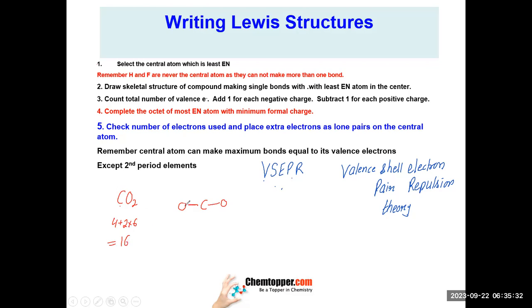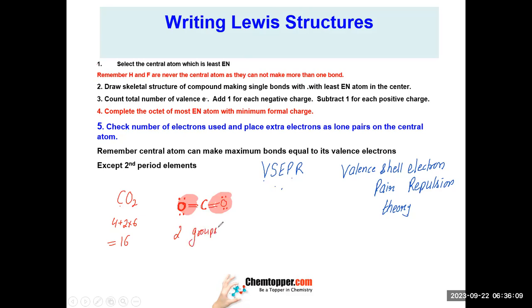Complete the octet of this oxygen with minimum formal charge. Remember that oxygen can make 2 bonds. Now these are called groups. On this carbon, how many groups are there? Count these groups. 2 groups.